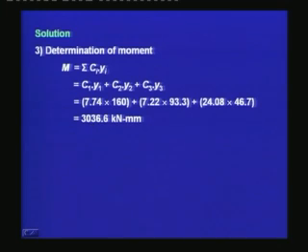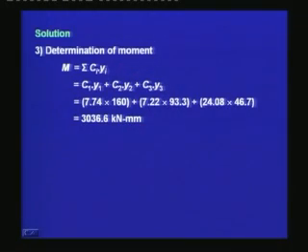Our third step is to calculate the moment generated at the horizontal plane at the level of CGC due to the compressive stress block above CGC, which is given as a summation of C times Y. Thus, M is equal to sigma Ci times Yi, equal to C1 times Y1 plus C2 times Y2 plus C3 times Y3.